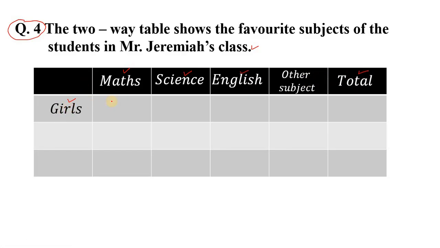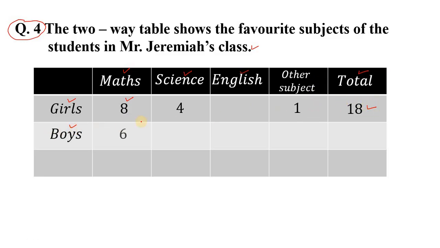First is girls. 8 girls choose the subject math, and 4 girls choose science, and 1 girl chooses other subject, and the total is 18.